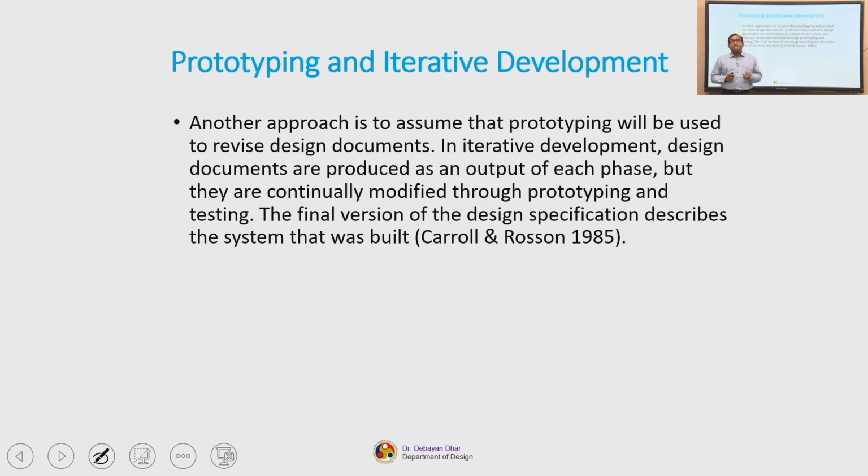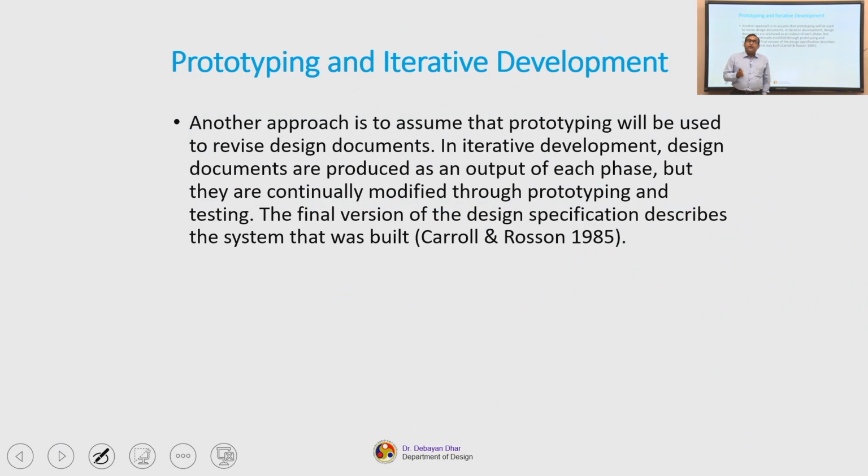That means, decisions that were taken at the early phase of software development can be revised if we have prototyping and test results out in time or early in the phase. In iterative development, design documents are produced as an output of each phase, but they are continually modified through prototyping and testing. The final version of the design specification describes the system that was built, right.